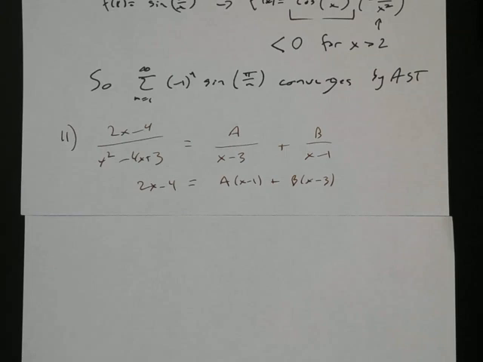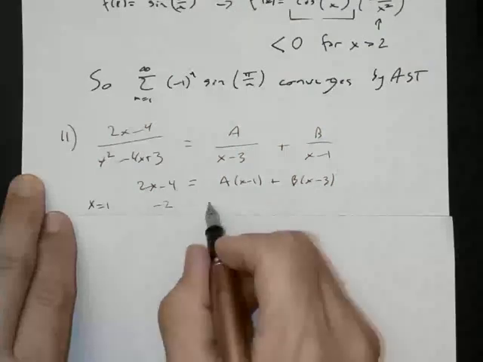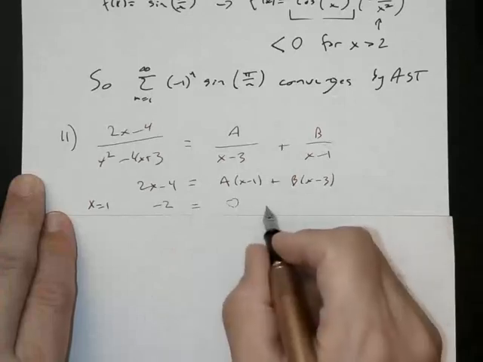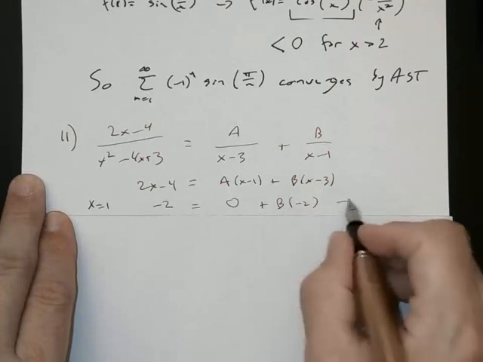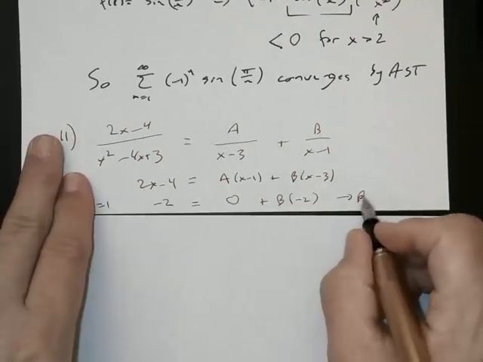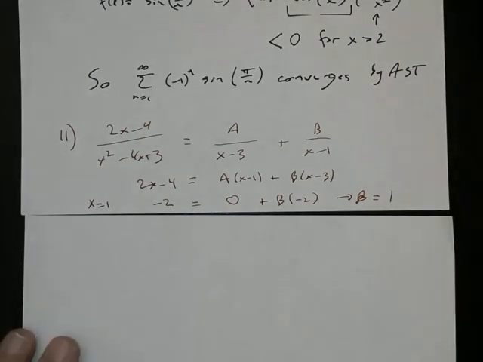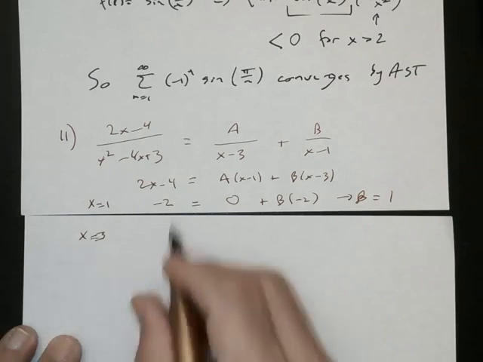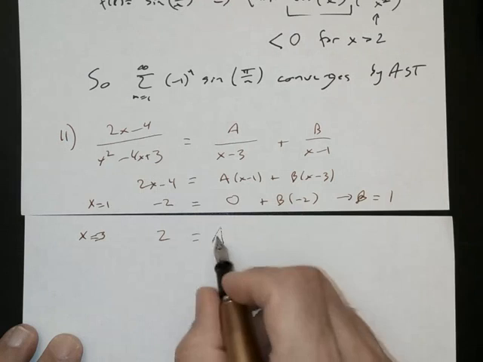This side, I get -2, and on this side, I get 0 plus b times -2, therefore b is 1. If I plug in x equals 3, on this side I get +2, on this side I get a times 2 plus 0.